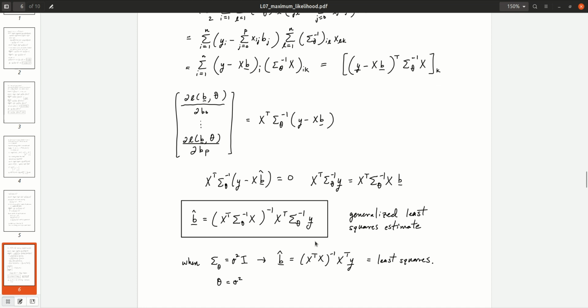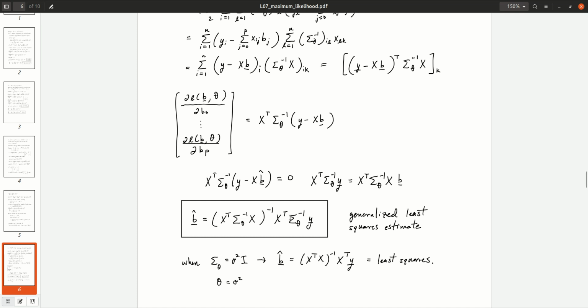This is the formula we use when we have a general covariance matrix for the responses, sigma theta. Now, just to show you that this is something reasonable, if we plug in sigma squared I, which is the assumption we've been making about the covariances for most of the semester, and just evaluate this expression, what you're going to get is a 1 over sigma squared I here. So this is just going to be 1 over sigma squared times x transpose x inverse.